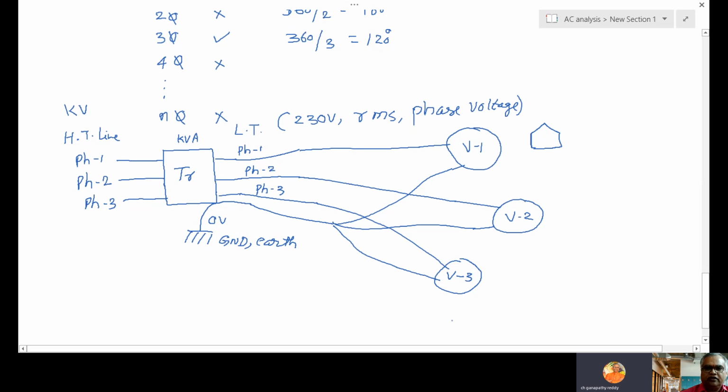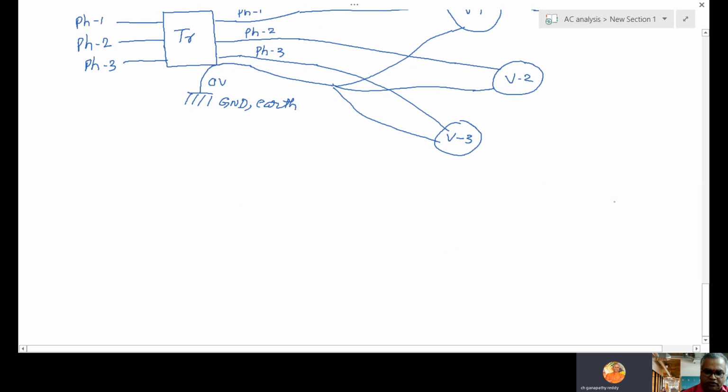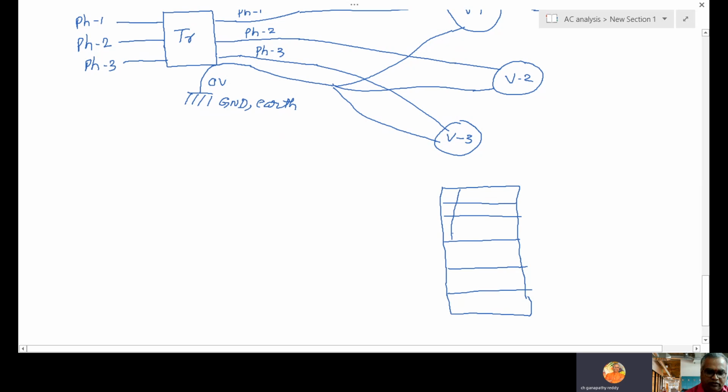So when it is a village concept, it is fine. But in metropolitan cities, they are constructing so many apartments, so many floors and so many flats.